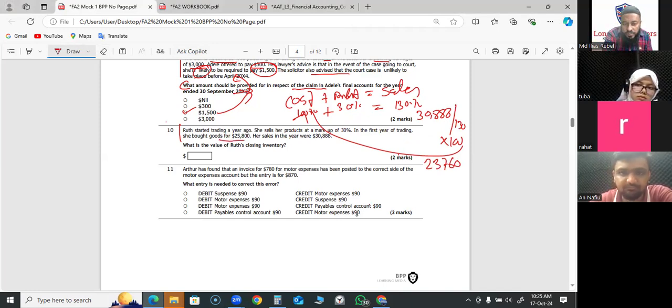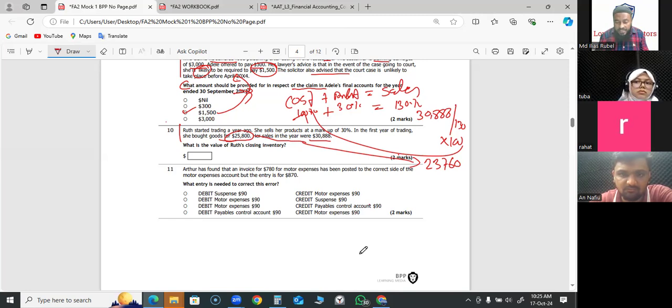She bought goods worth 25,800, and her sales during the year were 30,888. But the cost price of those sales is 23,760. So the difference between 25,800 and 23,760 must be the remaining items, which is the inventory.